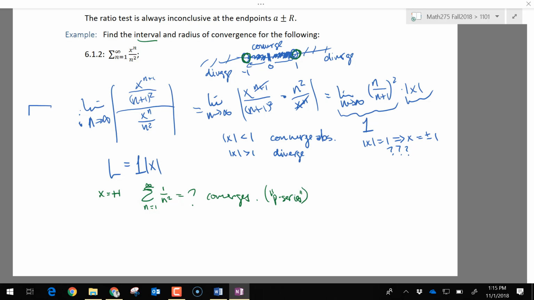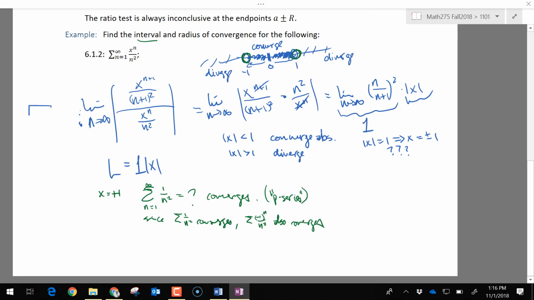Okay, so if this converges, then that means it absolutely converges because it's positive. So without even checking, since 1 over n squared converges, -1 to the n over n squared also converges.